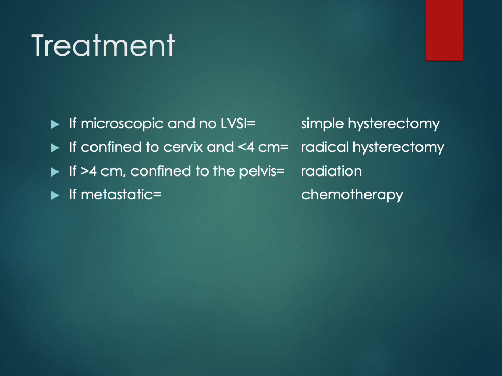If it's confined to the cervix and less than 4 centimeters, so this would be your 1A1s with LVSI, your 1A2s, your 1B1s, which are visible lesions less than 2 centimeters, or 1B2s, which are visible lesions 2 to 4 centimeters. Those can all be managed with a radical hysterectomy.